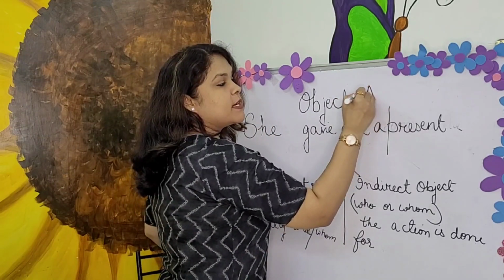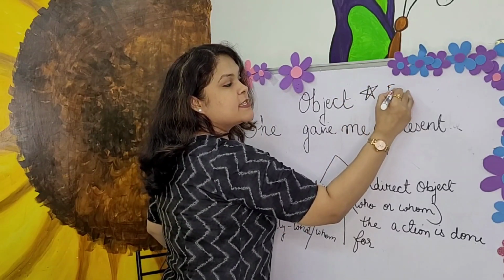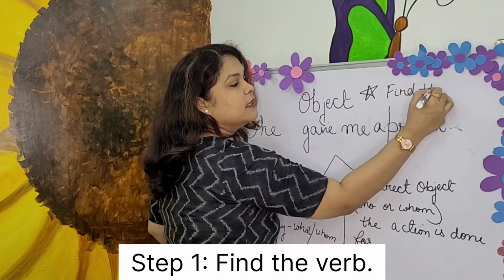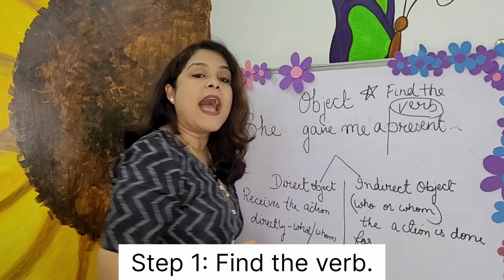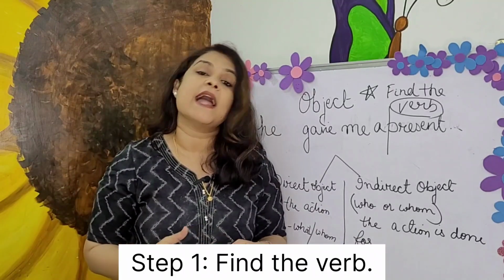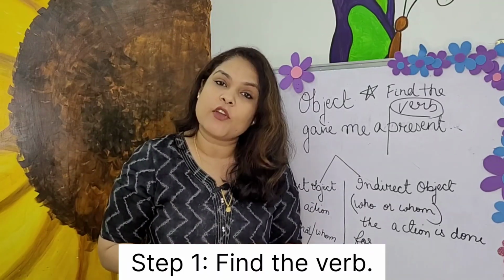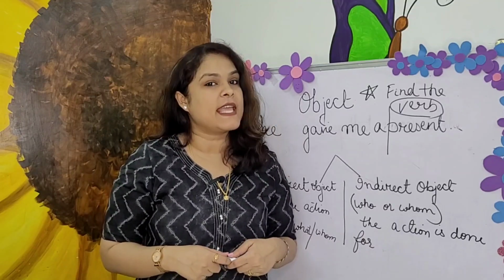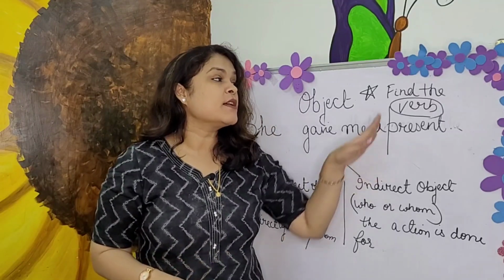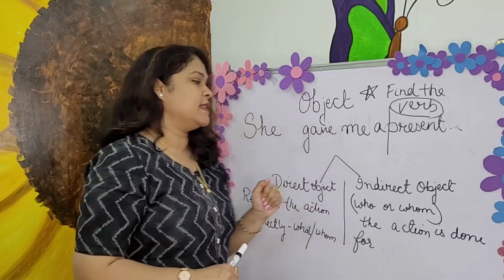So most importantly, step 1 is find the verb. Verb is the action. We have read about it and discussed. In case any one of you has missed that video of ours, please go back and definitely have a look at that video. So first, find the verb in the sentence.